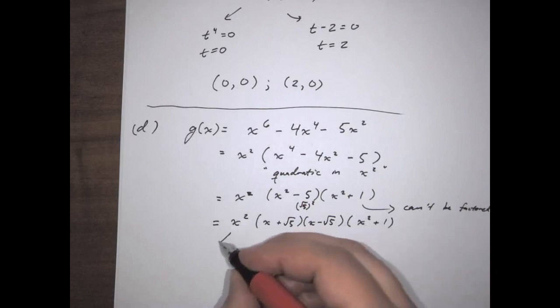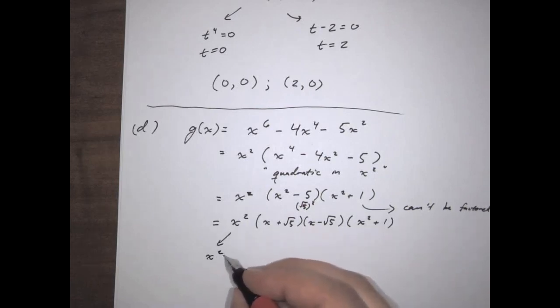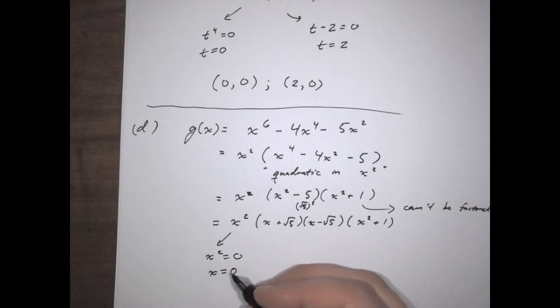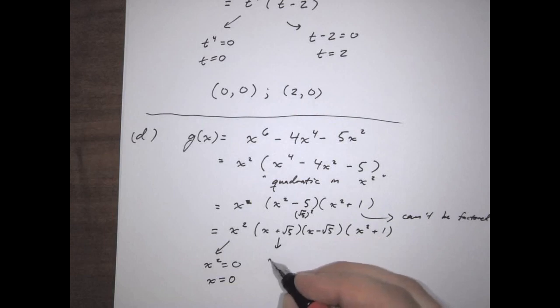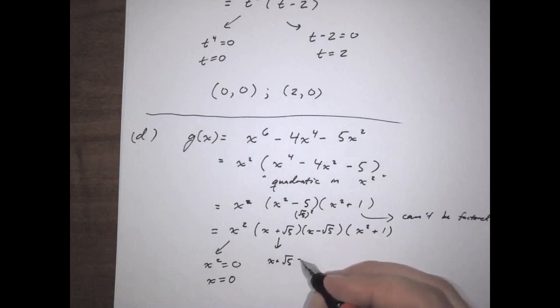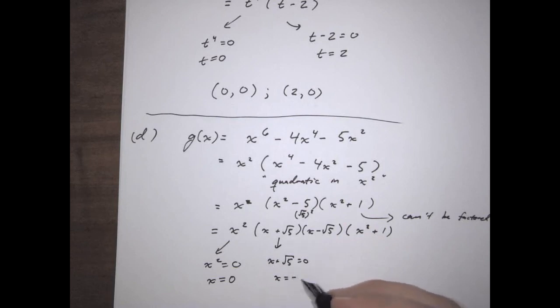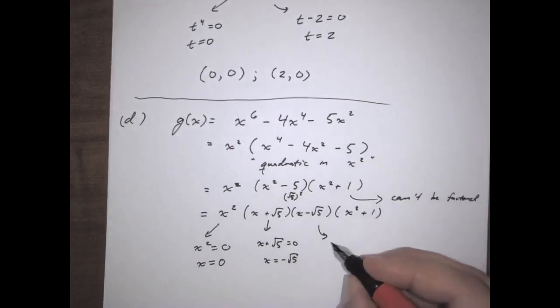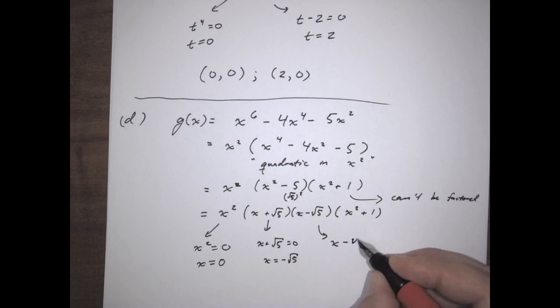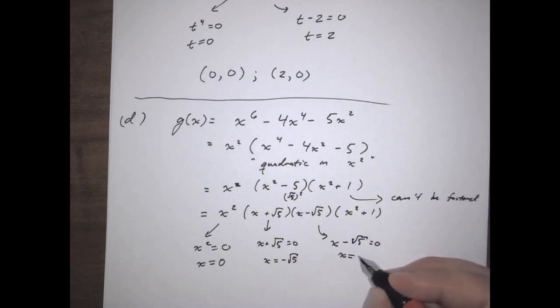So then, what we have here is x squared equals 0, which leads to x equals 0. What we have here is x plus root 5 equals 0, which leads to x equals negative root 5. What you have here is x minus root 5 equals 0, which means x equals root 5.